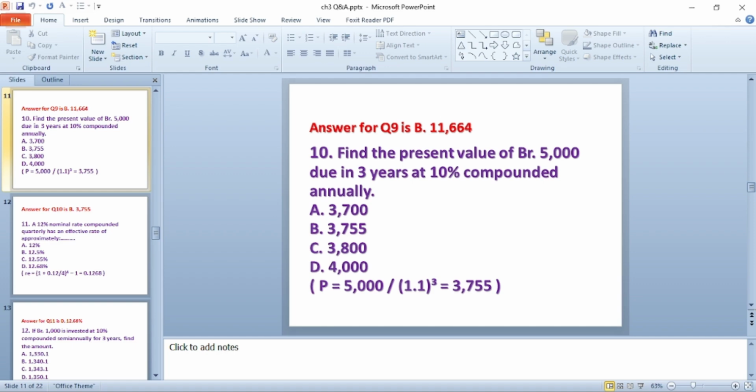So the present value is equal to the amount divided by 1 plus the rate, to the power of the number of years. So it is equal to 5,000 divided by 1.1 cubed, which is equal to 3,755. The answer is B.